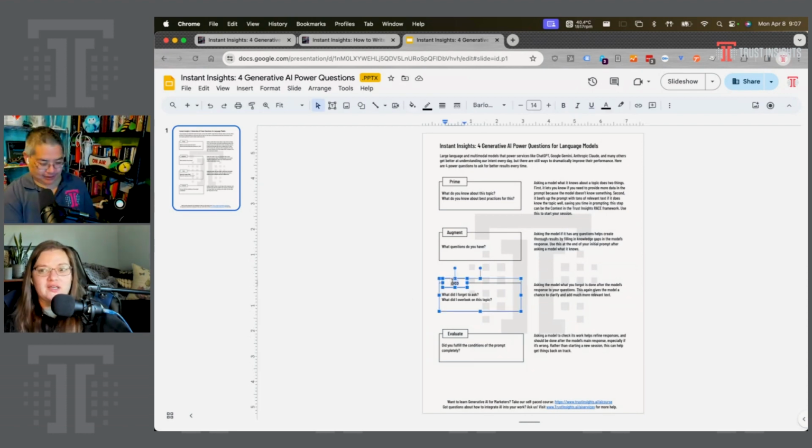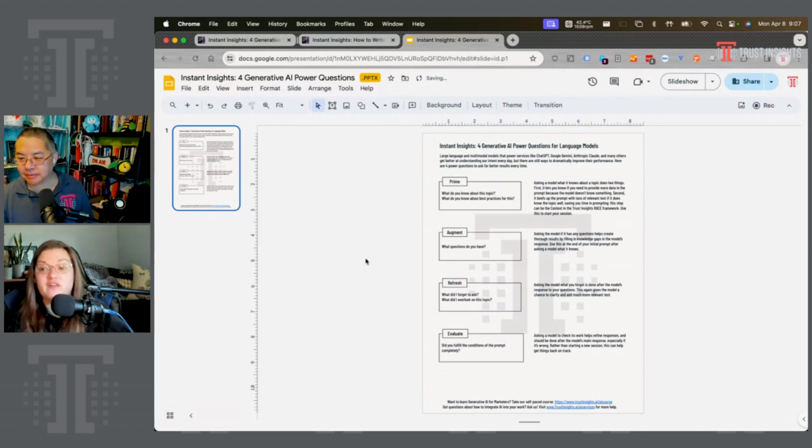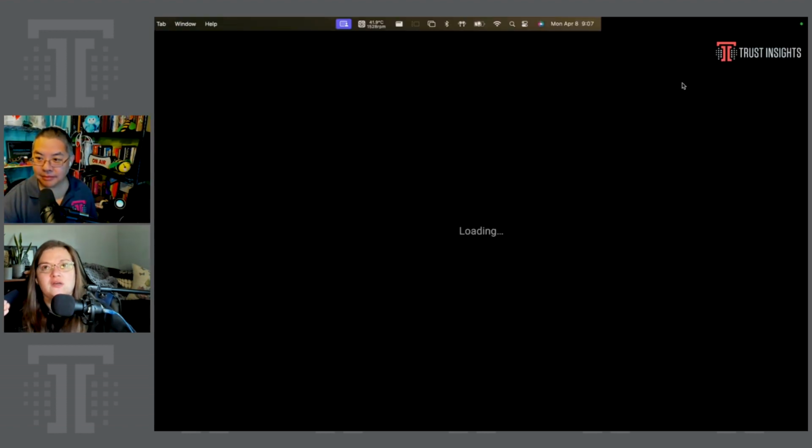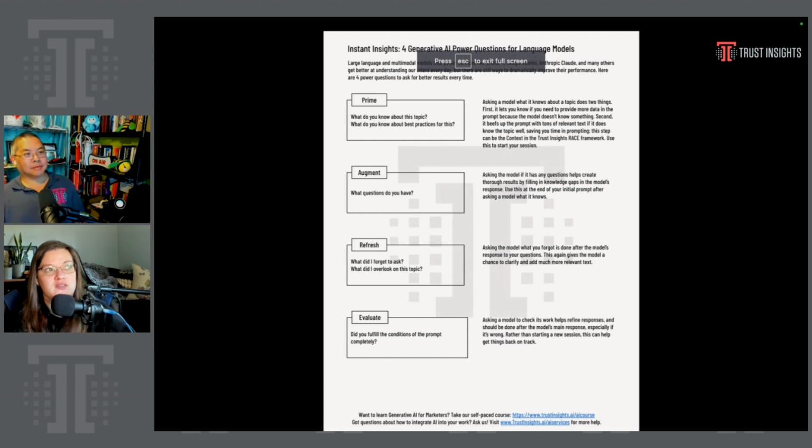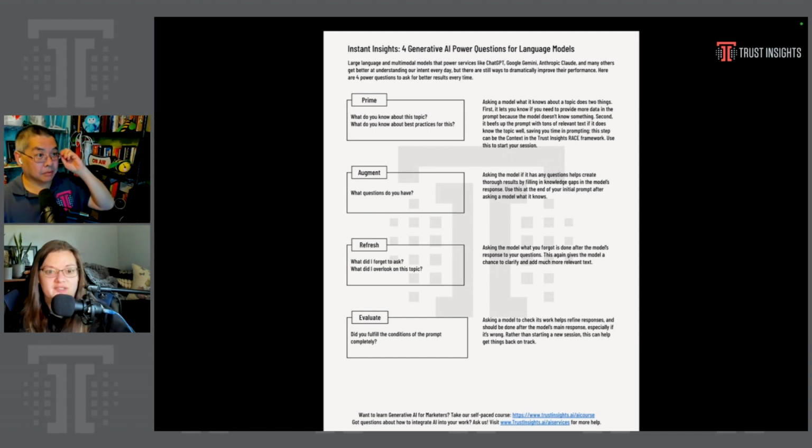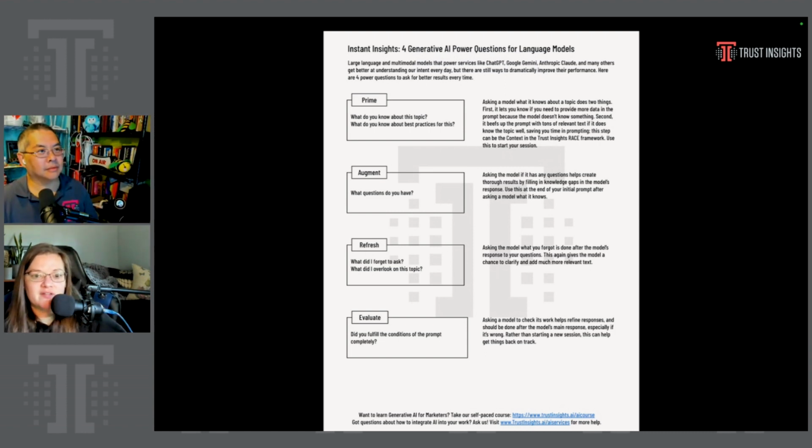It's the same way that I came up with my own goofy acronym for artificial intelligence, because now that I've spoken about it enough, I can remember regression, classification, and generation. But it's still easier for me to remember find, organize, classify, which spells out FOG. So now we have pair, prime, augment, refresh, evaluate.